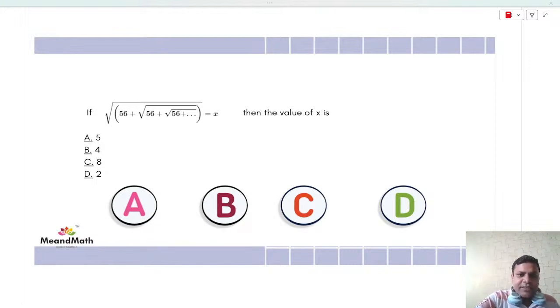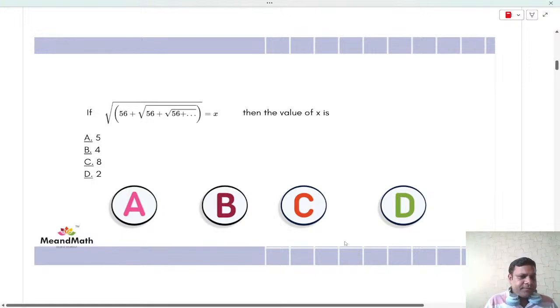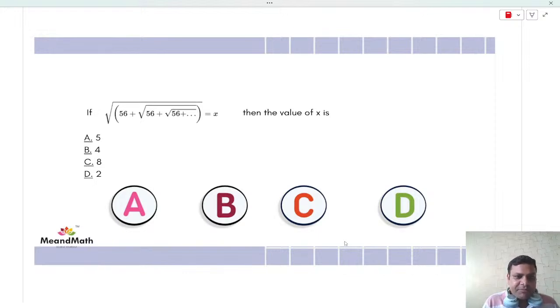The answer of the question, have you solved? The options are 5, 4, 8 and 2. Option A is 5, option B is 4, option C is 8 and option D is 2. Okay.